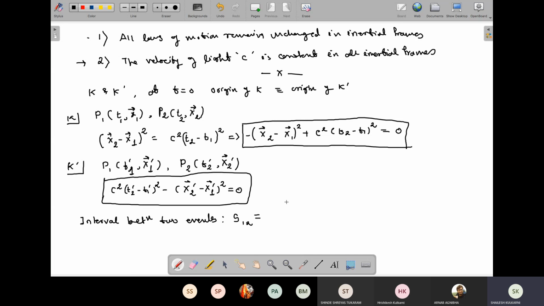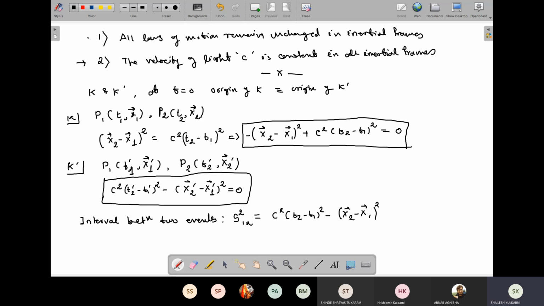By definition, s12 square is c square t2 minus t1 whole square minus x2 minus x1 bracket whole square.